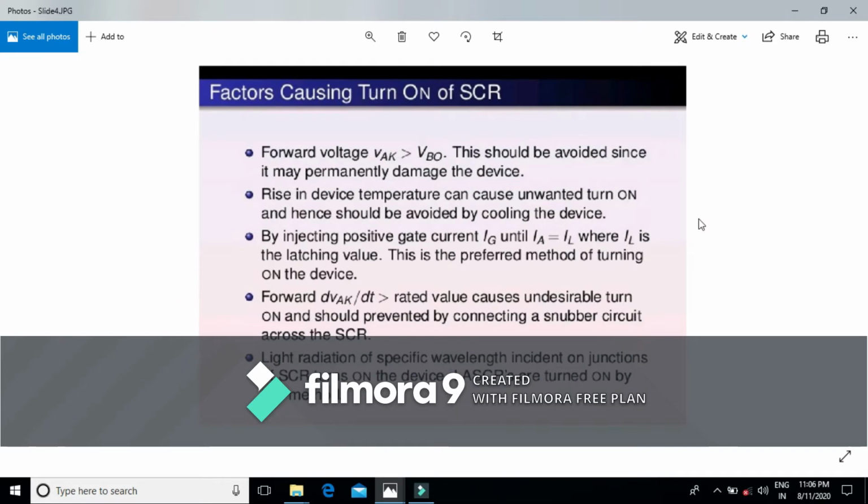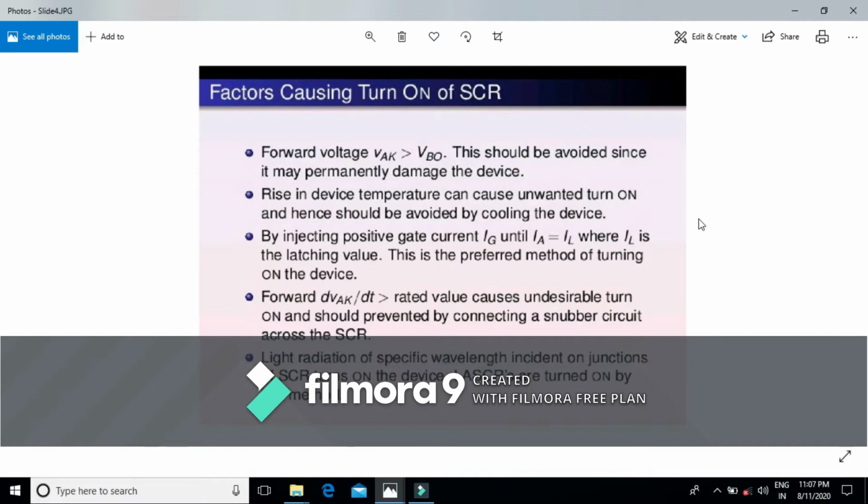Forward voltage triggering is not an efficient method of triggering, and it results in unwanted turning on of SCR, causing destruction to junction J2 of SCR because of breakdown. In this method of triggering, forward anode to cathode voltage is increased beyond breakover voltage, causing the breakdown of junction J2 and thus resulting in the removal of the depletion layer across the junction J2, which in turn results in a large amount of forward current.